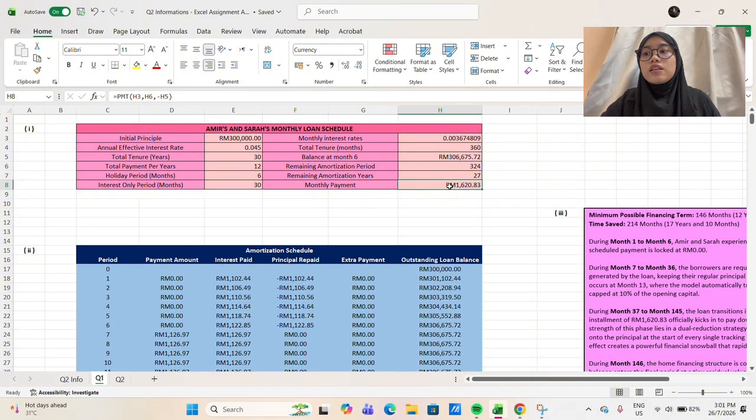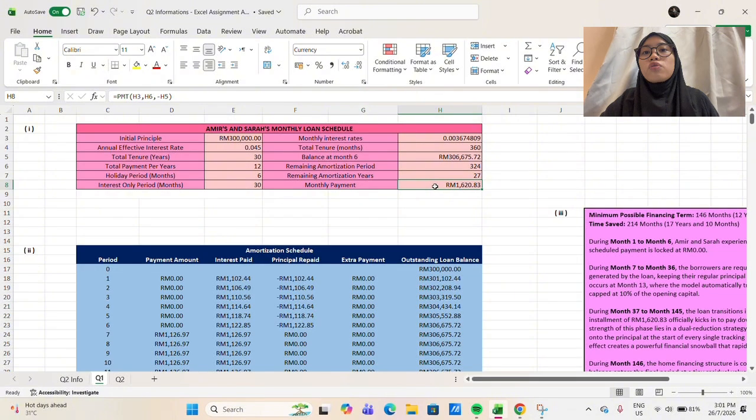But in SL, we use the PMT formula, which is PMT of j, 324, and then negative the balance at month 6. This will produce an exact monthly installment of 1,620 ringgit 83 cents.